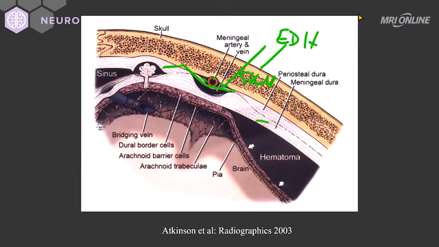Here we have a collection which is superficial, again, to the dural margin here in the epidural space. And you would contrast that to one that is deep to the dural space with these bridging veins, which would be in the subdural space.